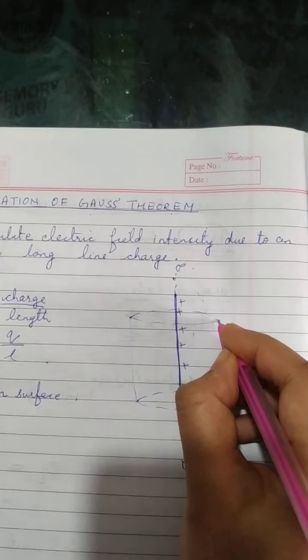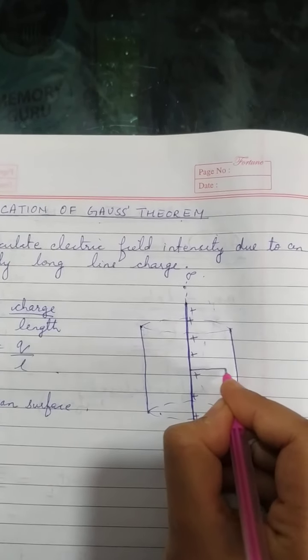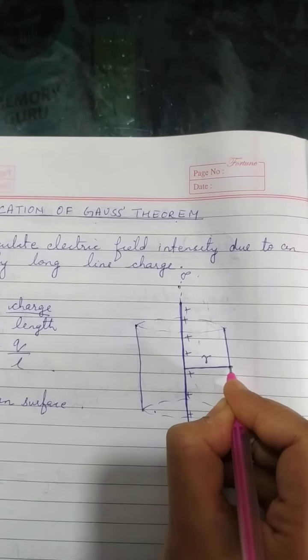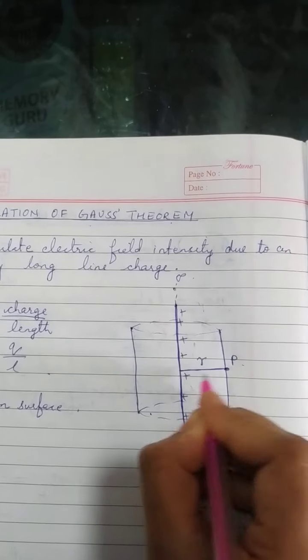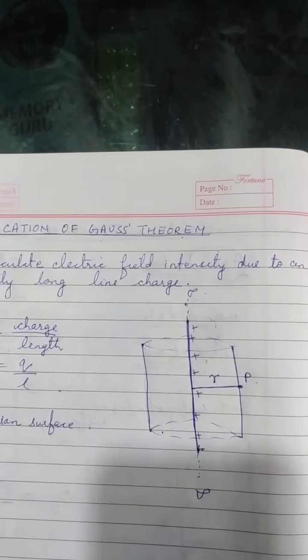For convenience, we are taking a cylinder whose radius is equal to r. Say we are calculating electric field intensity at a point P at a distance r from this charge distribution.